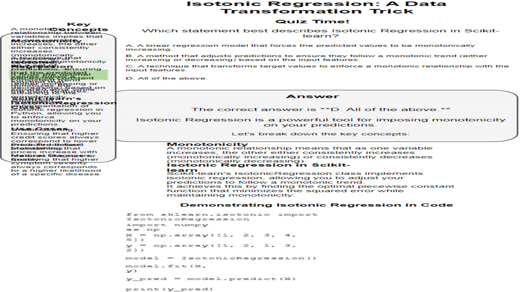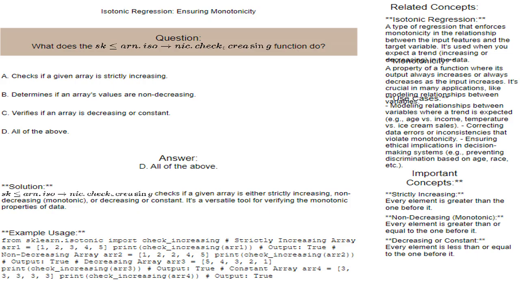X = np.array([1, 2, 3, 4, 5]) input features, y = np.array([1, 2, 1, 3, 2]) original predictions. model = IsotonicRegression(). model.fit(X, y). y_pred = model.predict(X) monotonically adjusted predictions. print(y_pred).